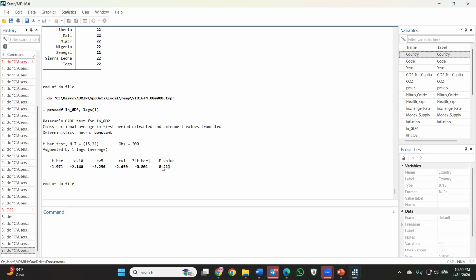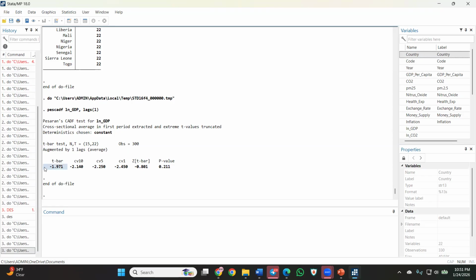You can just use the p-value to determine the result. If the p-value is not significant, you fail to reject the null hypothesis. In other words, we are accepting the null hypothesis, which is non-stationary.